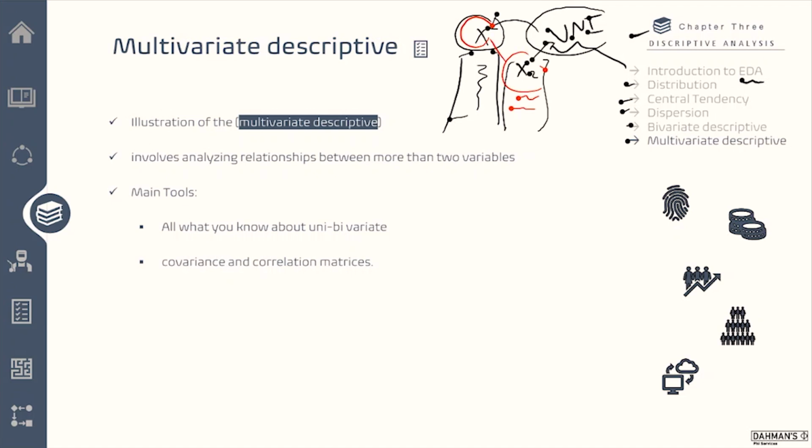Now, when it comes to multivariate analysis, nothing is going to be different, but there are two ways of looking at the subject. The first one from a completely technical aspect, and the second one from an analysis aspect. When it comes to the technical aspect, what I mean is understanding the mathematical intuition behind the problem itself when it comes to multivariate.